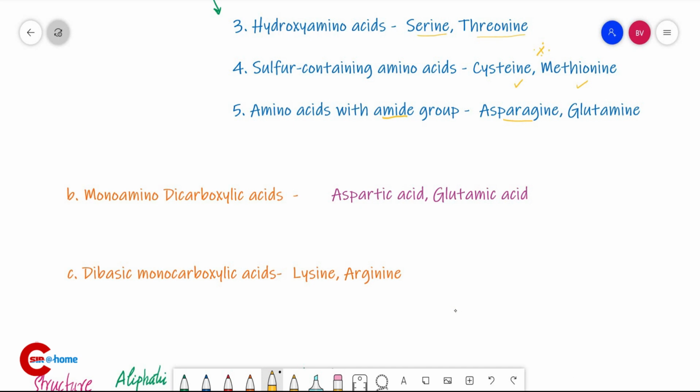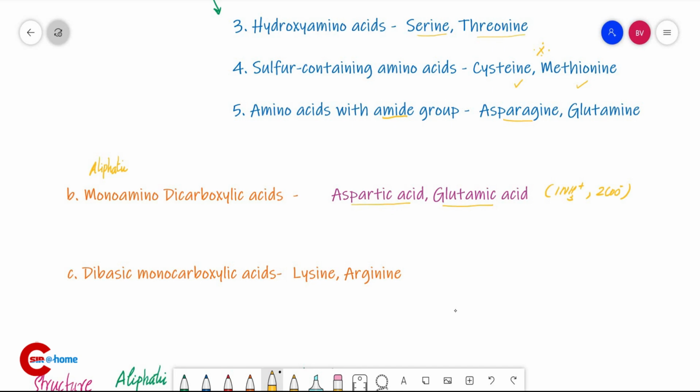Then the next one is monoamino dicarboxylic acid. This is also aliphatic. Aliphatic, we studied 3 categories. It includes aspartic acid and glutamic acid. That is, this one contains monoamino dicarboxylic acid, that means 1 amino and 2 carboxylic acid groups.